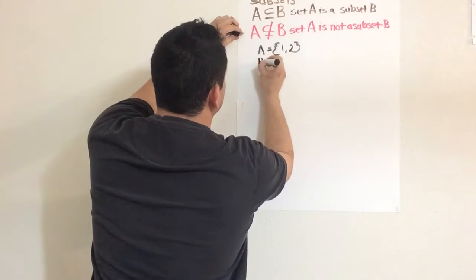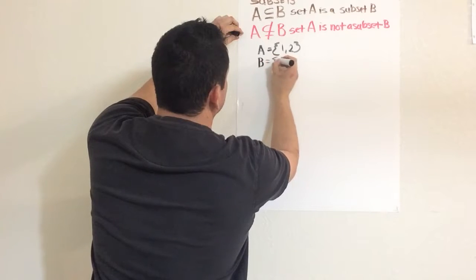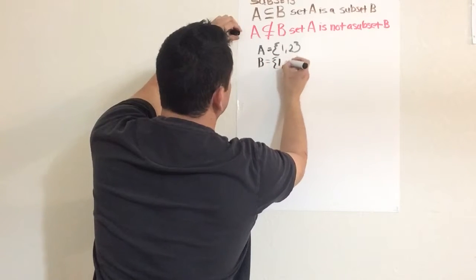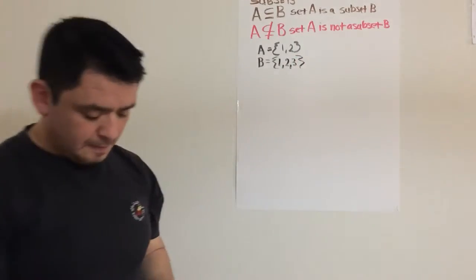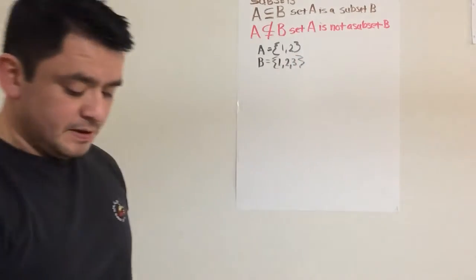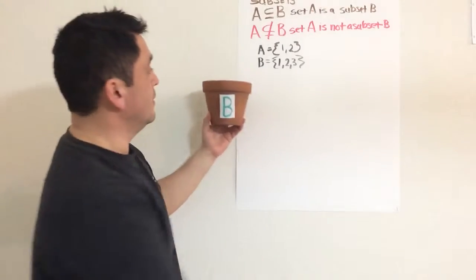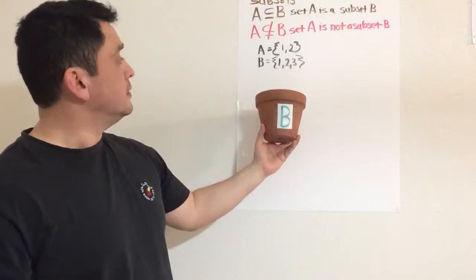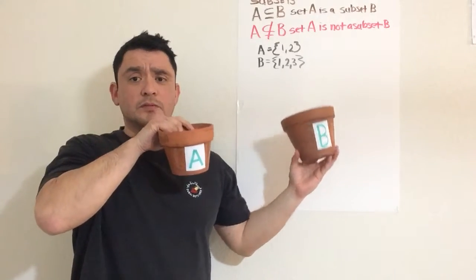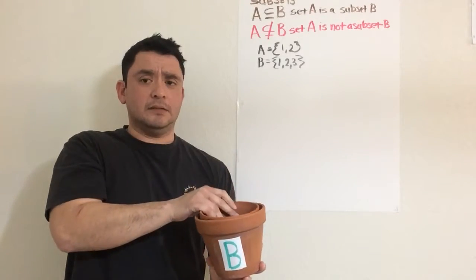Set B equals, this is the set, 1, 2, 3. See it? Set B, 1, 2, 3. Set A, 1, 2. It is a subset.